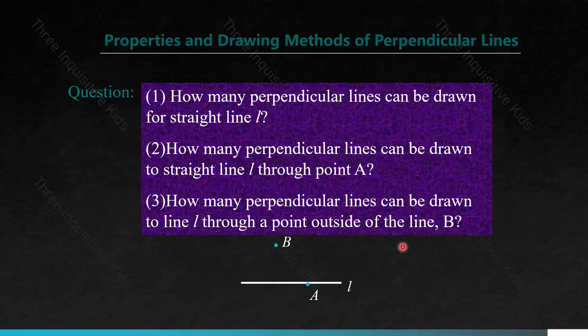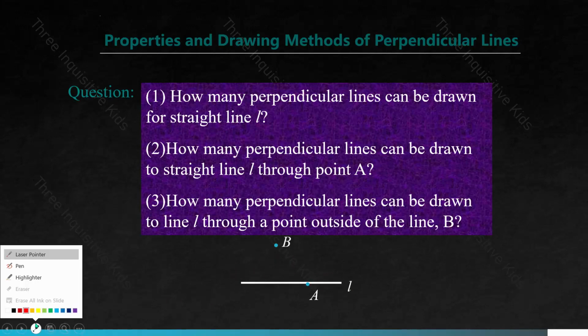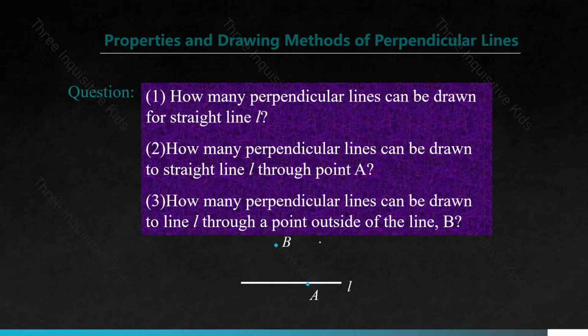Well, let's imagine for a moment. We have a line L. There is an infinite number of perpendicular lines that can be drawn to it. Any line that forms a 90-degree angle would be fine. You could have a perpendicular line here, here, here, and since line L goes on infinitely in both directions forever, there is an infinite amount of perpendicular lines that you can draw.